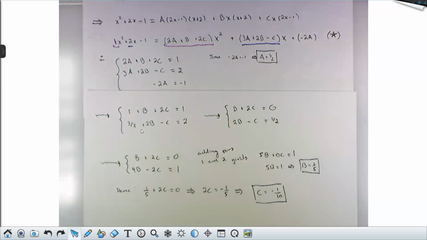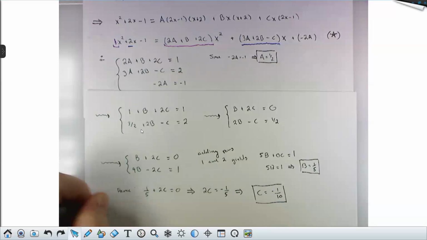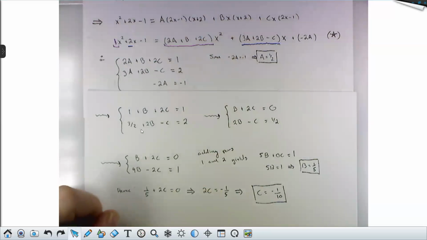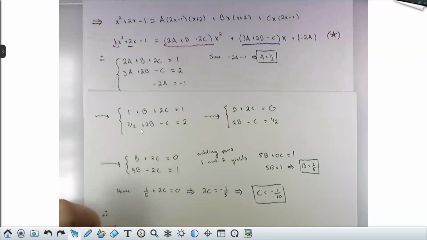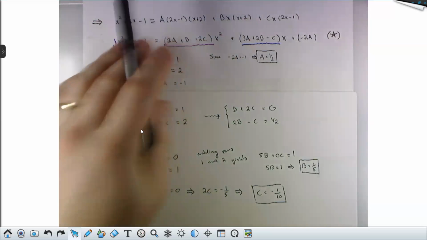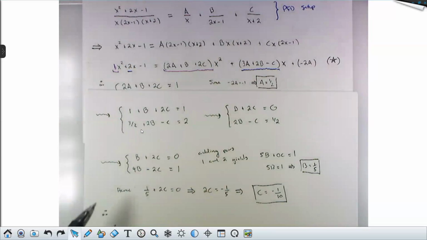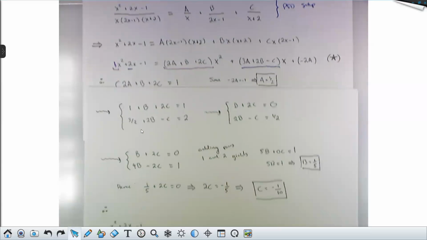Alright, now I've got a, b, and c. So I go back to my partial fraction setup. My original function is a over x plus b over 2x minus 1 plus c over x plus 2.